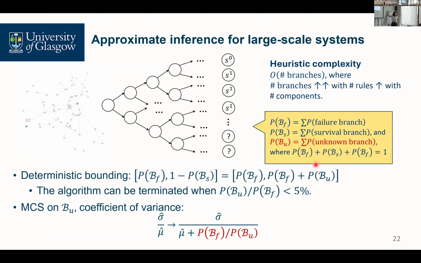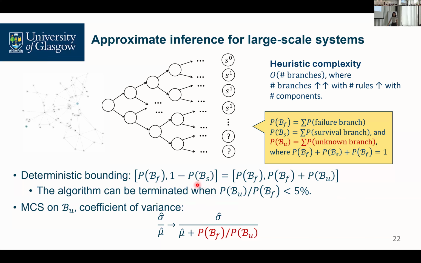And we also have these unknown branches, where the upper bound is system survival and the lower bound is system failure. So we don't know which probability they belong to, but the sum of the probabilities of all these branches should be 1.